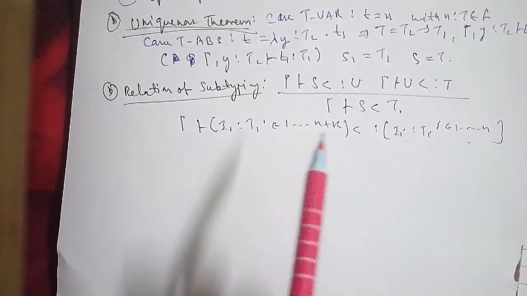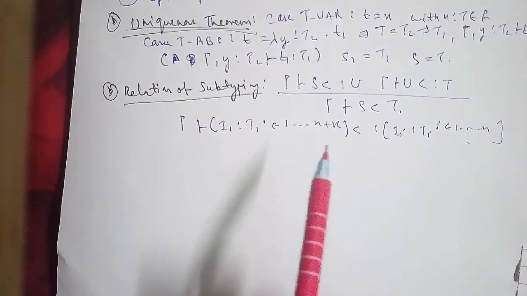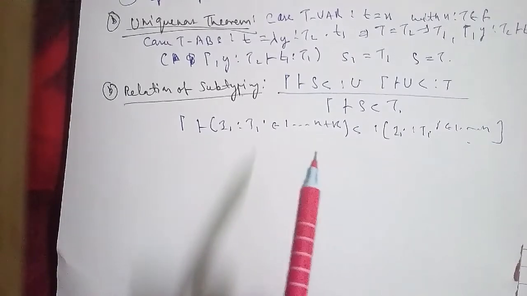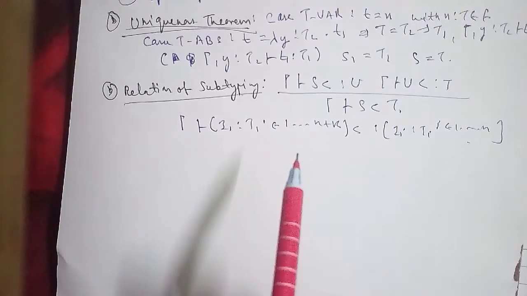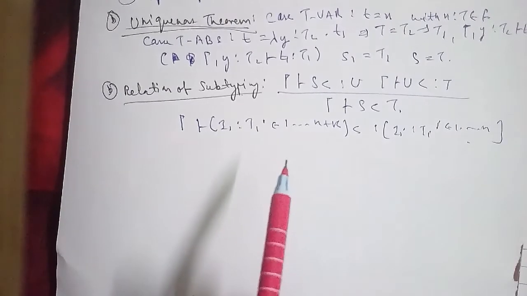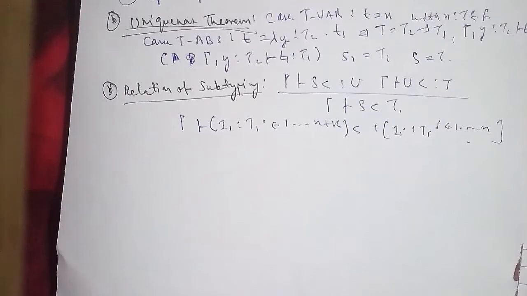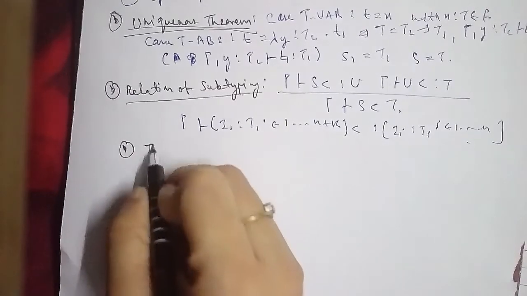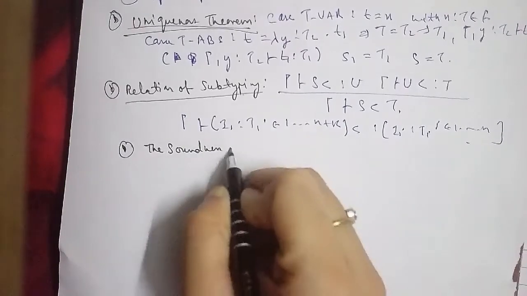So with that proof we have to use the algorithmic subtyping, with the help of the lemma, to prove the soundness and completeness of the algorithmic subtyping.